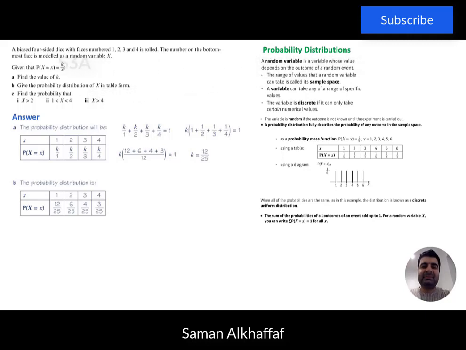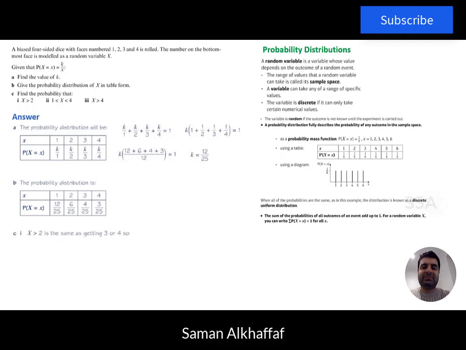Now for part C, we need to find the probability that X is smaller than 2, and also when 1 is smaller than X and smaller than 4, and also the probability when X is bigger than 4.